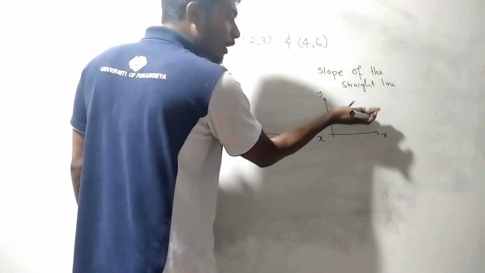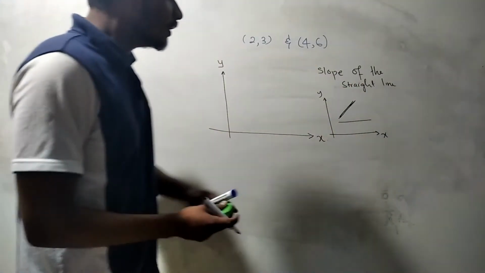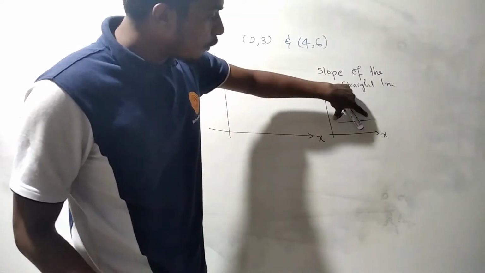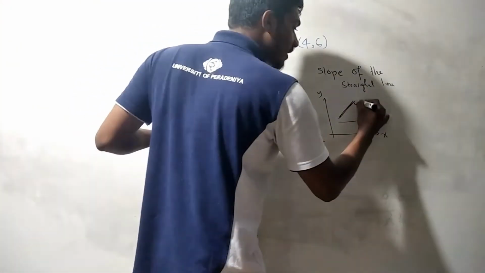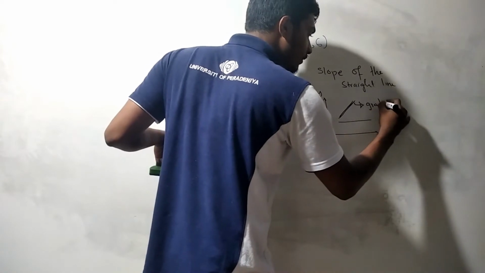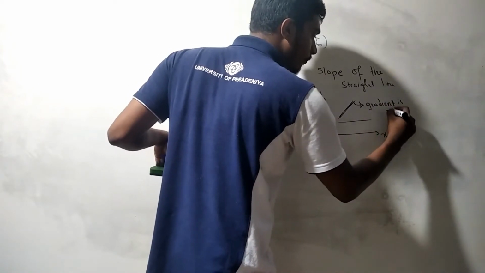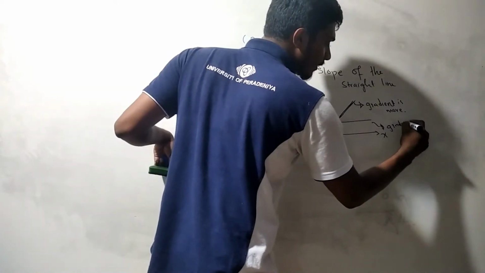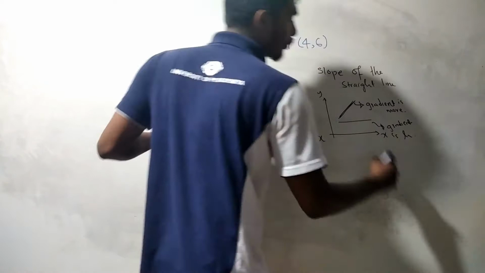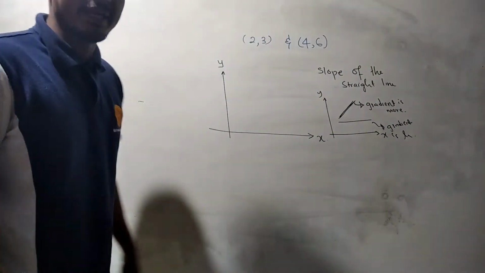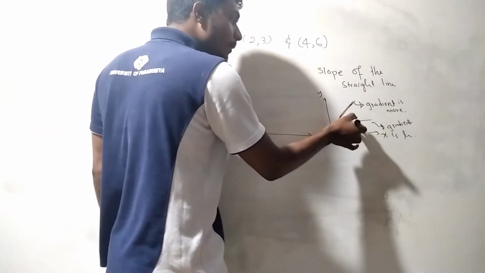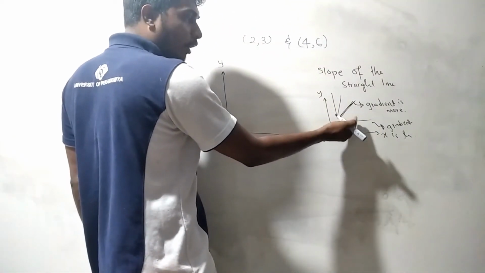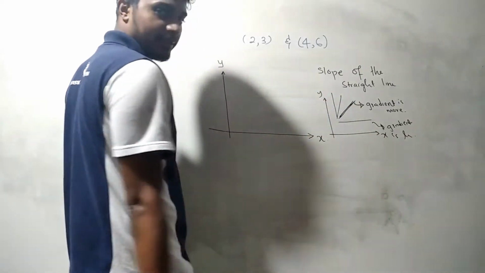This line has a little bit more slope, which means here the gradient is more and over here the gradient is low. When you keep on increasing this, the gradient, the slope, will keep on increasing.